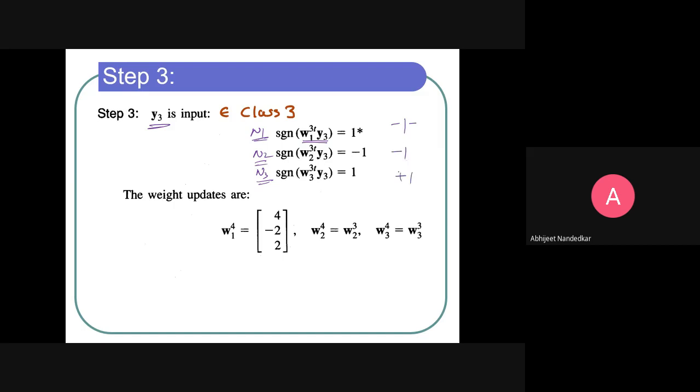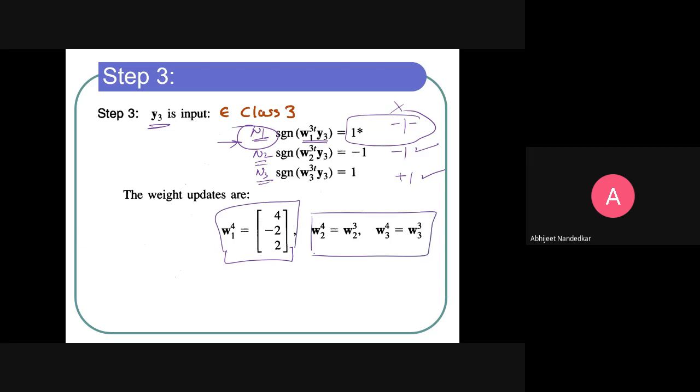So where is the wrong answer? This is correct. This is also correct. So this position is wrong. Neuron number 1 is again producing a wrong answer, so you will treat neuron number 1. You will get some updated weight like this, and the remaining two neurons are as they are.